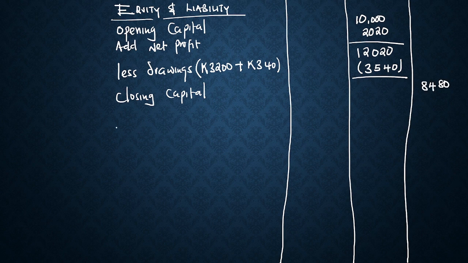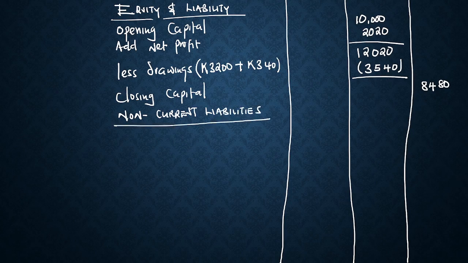Then you come to non-current liability, which is a loan. Our loan, if I remember, was 6 million.